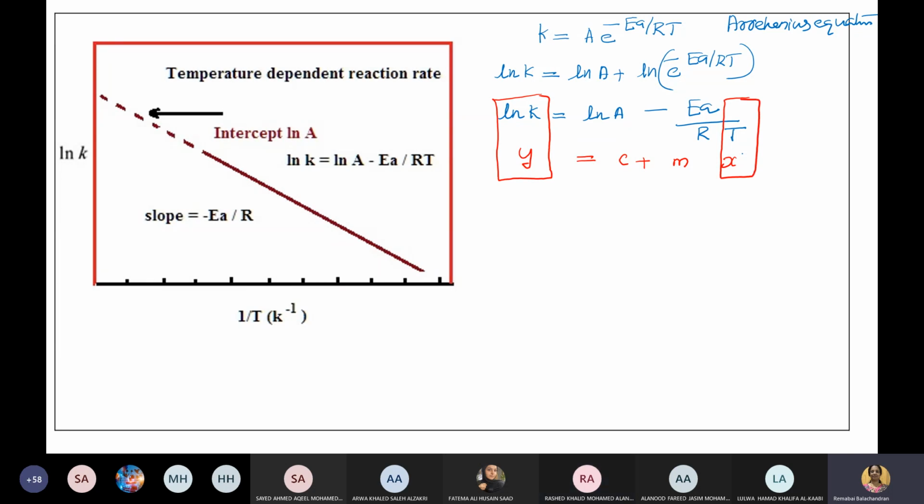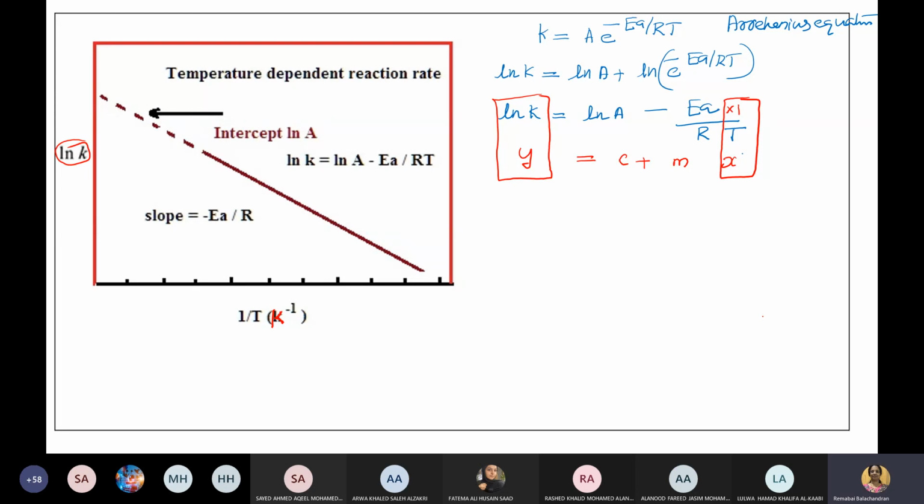Sorry, what is there on the x-axis? 1/T. Is it clear? So that means you can plot ln k against 1/T. See, this T is capital letter T for Kelvin, and rate constant k is small letter.